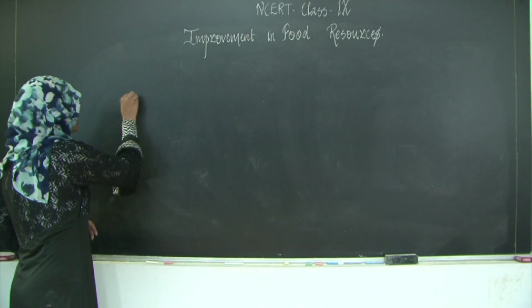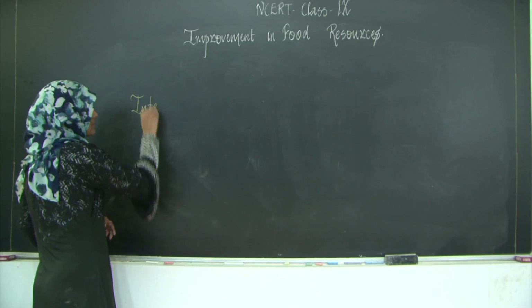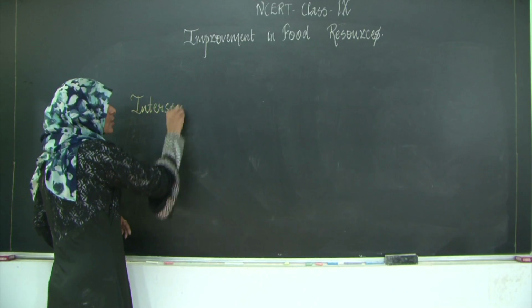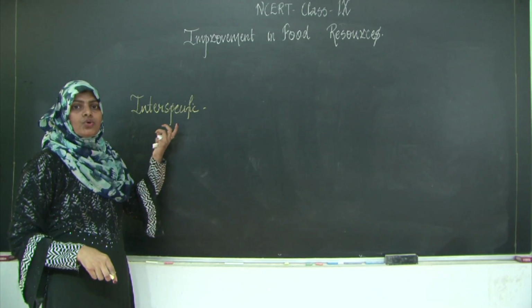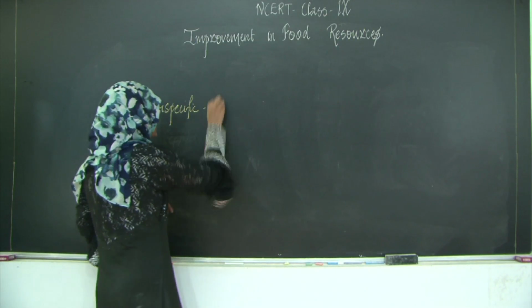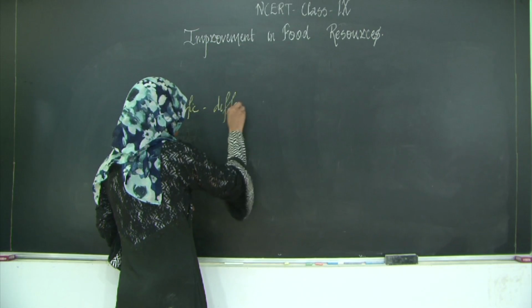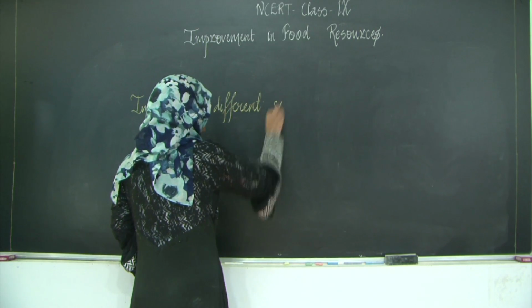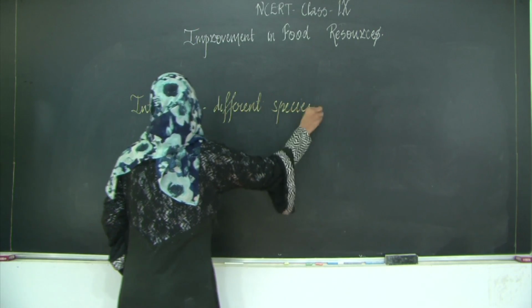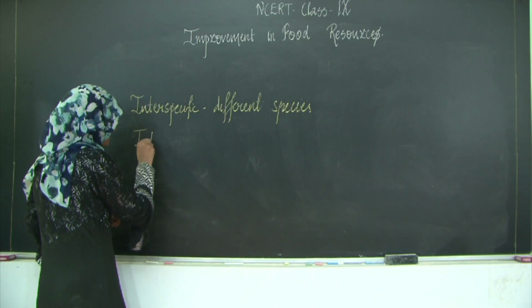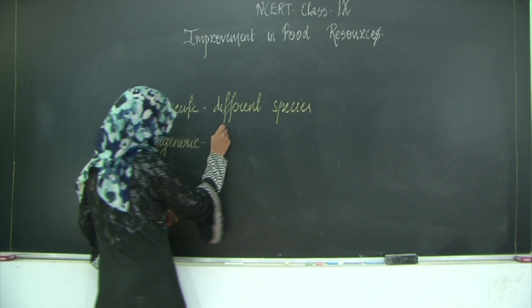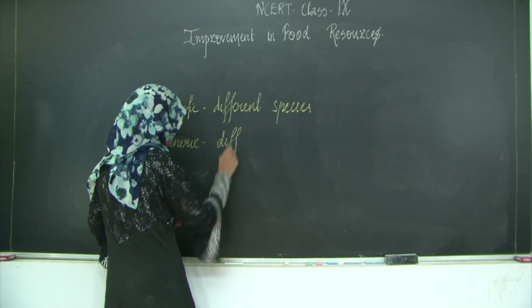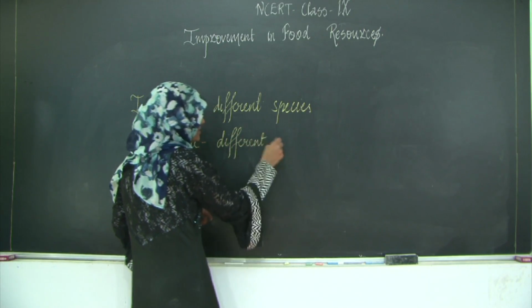Interspecific, the first type. What is it? It is the crossing between 2 different species. Intergeneric is between 2 different genus.